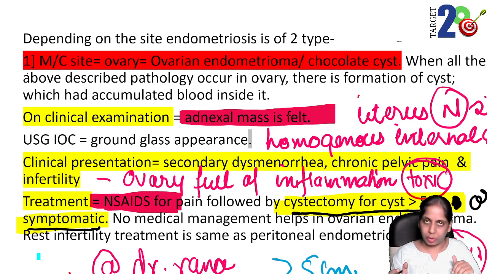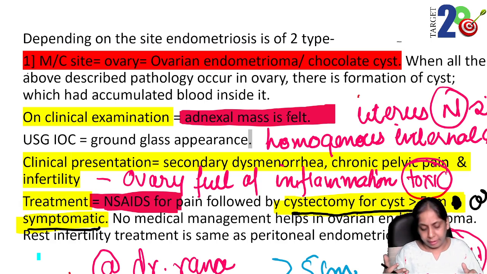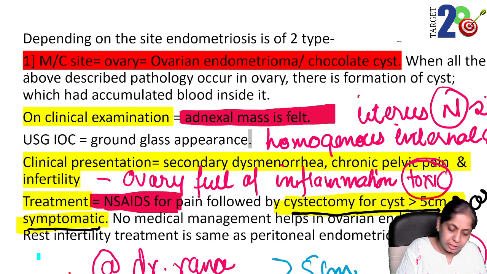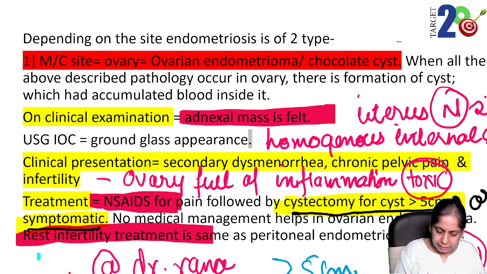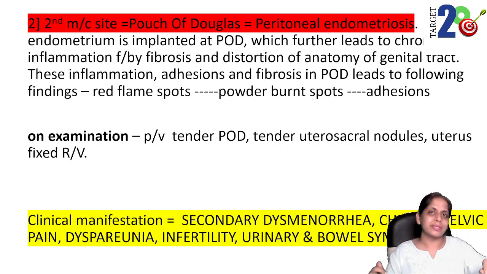So you are not going to do the IND, or give GnRH, because they don't respond to it, and with IND recurrence occurs much more. And the infertility treatment, I would like to tell you, will be the same as for peritoneal endometriosis.